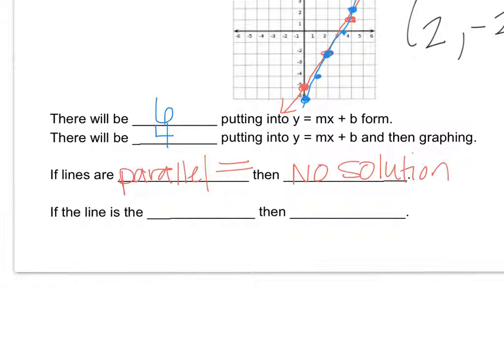But if the line is the same, then what do you have? Infinite solutions. Those questions will show up on your quiz tomorrow. Go ahead and get the independent practice to get your good practice in before tomorrow's quiz.